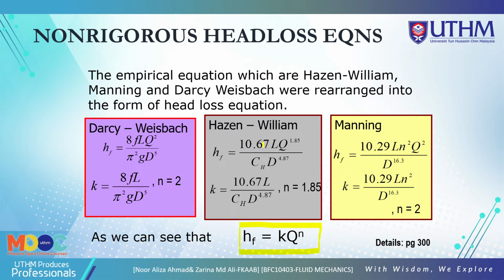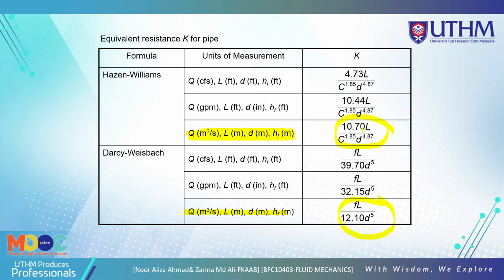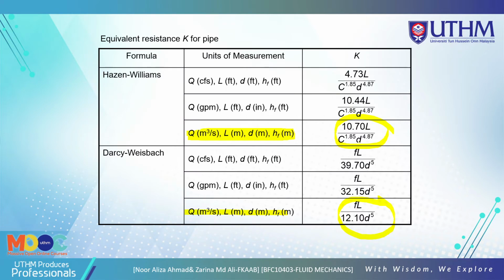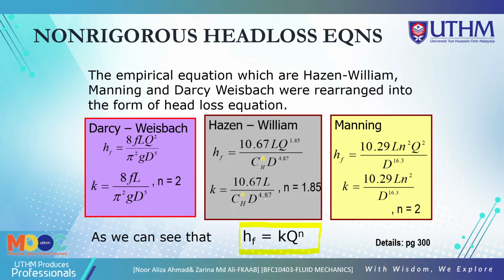Then for Hazen-Williams, it is also actually this: 10.67, so you just use 10.7 times L, and C, you use C as n here. There is a typo here, they have the power of n here, C^n, so n is 1.85, and D is 4.87 here.